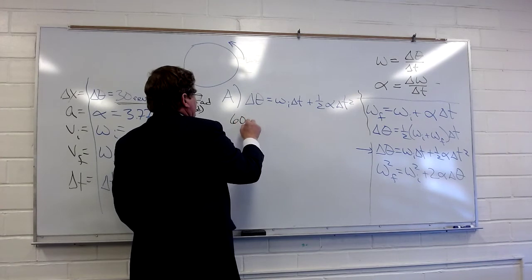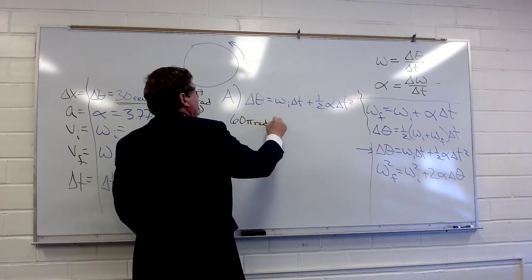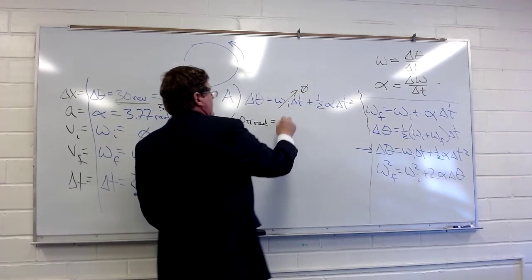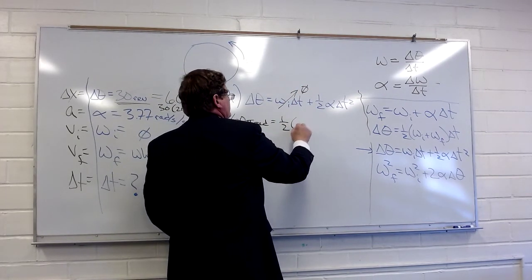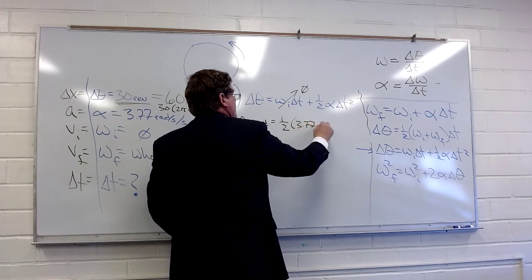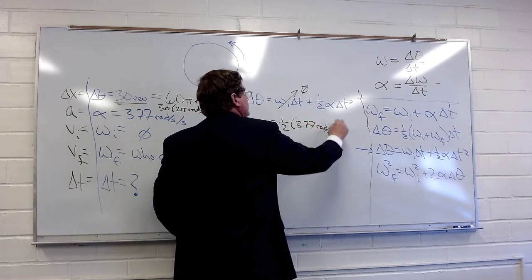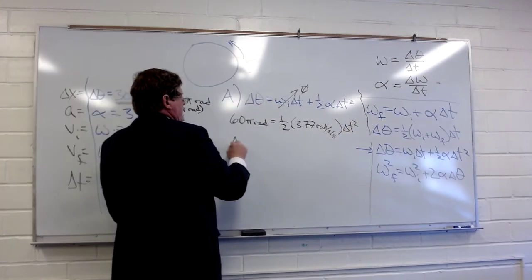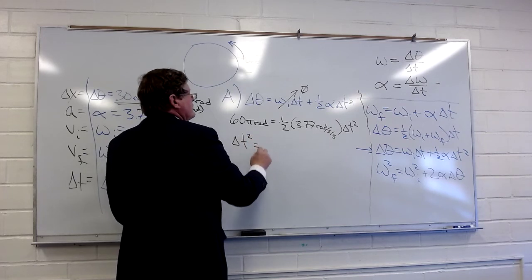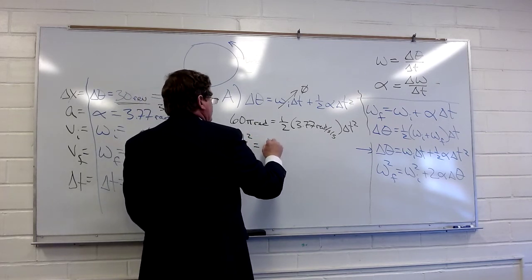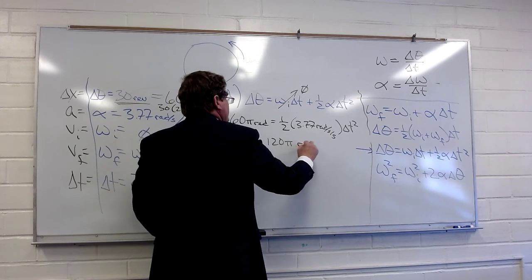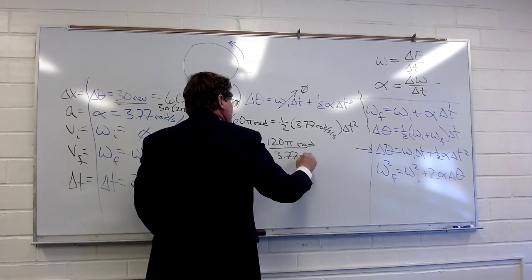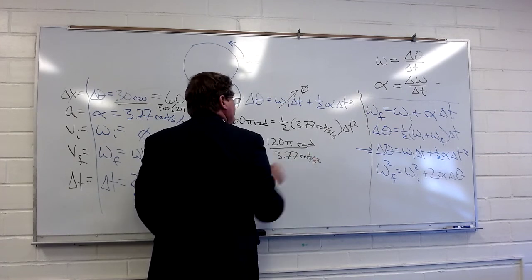So now I can plug into this equation. I've got 60 pi radians is equal to, this goes out because we start from rest, and we have 1/2 times 3.77 radians per second squared times delta t squared. Well, that is going to give me delta t squared is equal to, multiply both sides by 2, 120 pi radians divided by 3.77 radians per second squared.